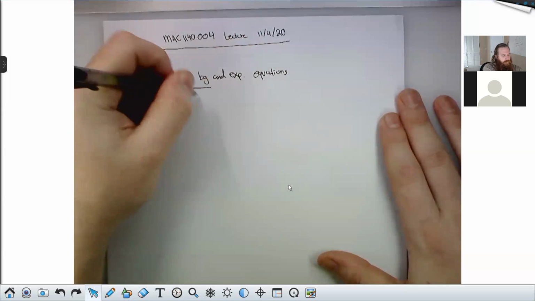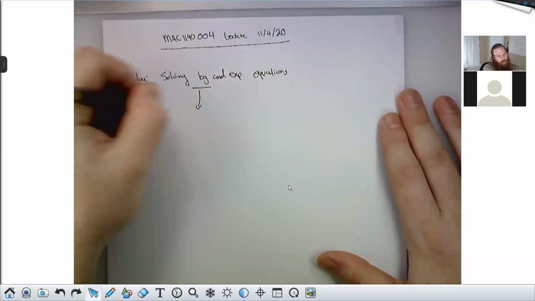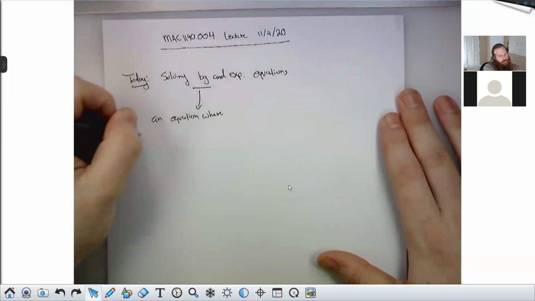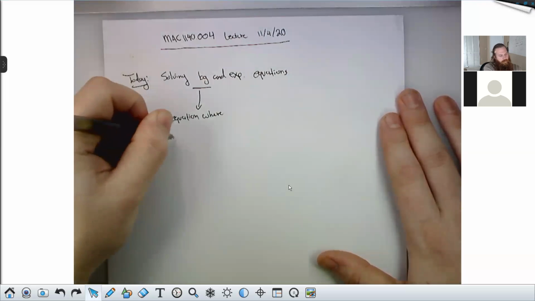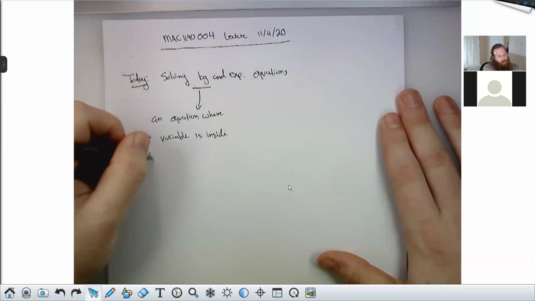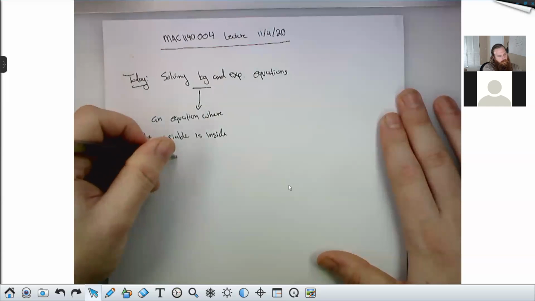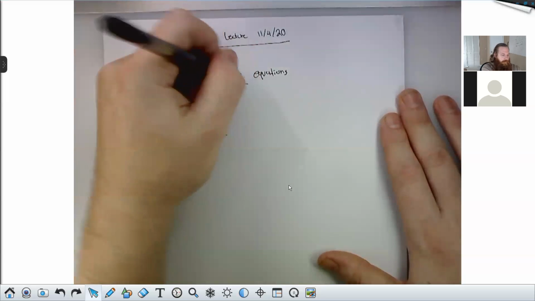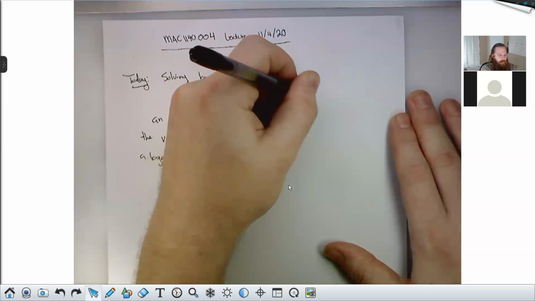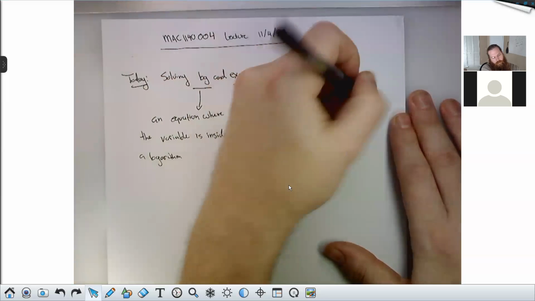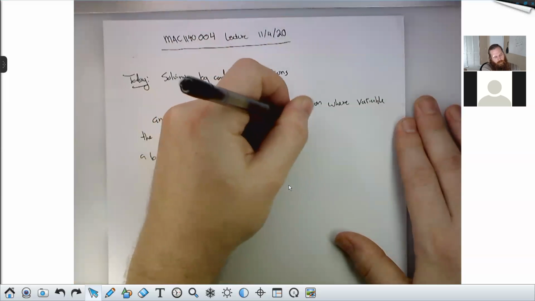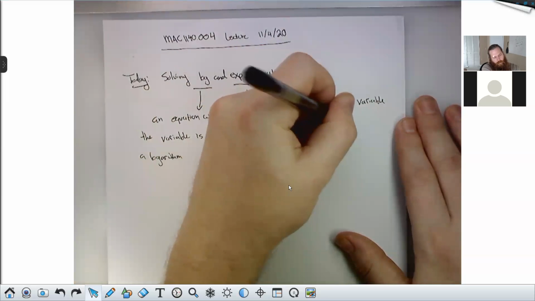So a log equation is an equation where the variable is inside a logarithm, and an exponential equation is an equation where the variable is inside an exponent.